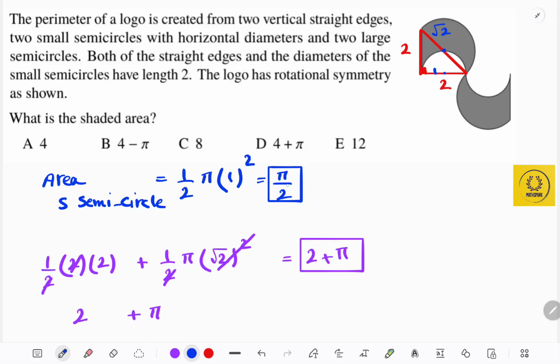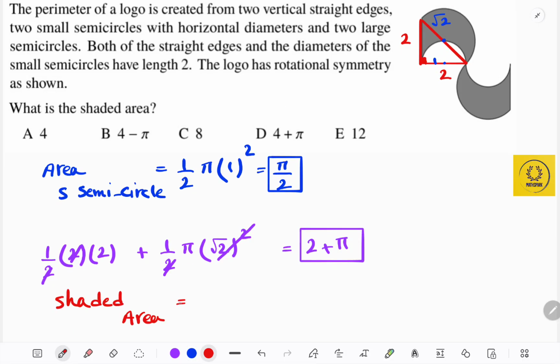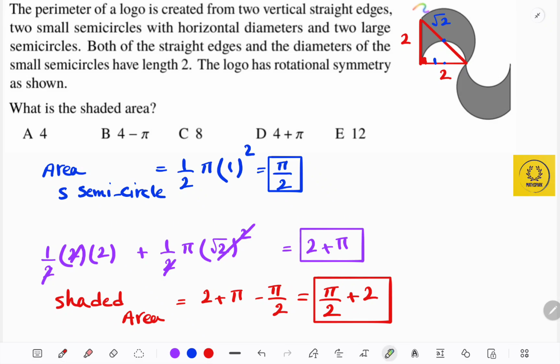So I'm going to subtract pi halves from 2 plus pi. Shaded area for the first part is 2 plus pi minus pi halves. Pi minus pi halves is pi halves plus 2. Okay, so this is the shaded area of this part.